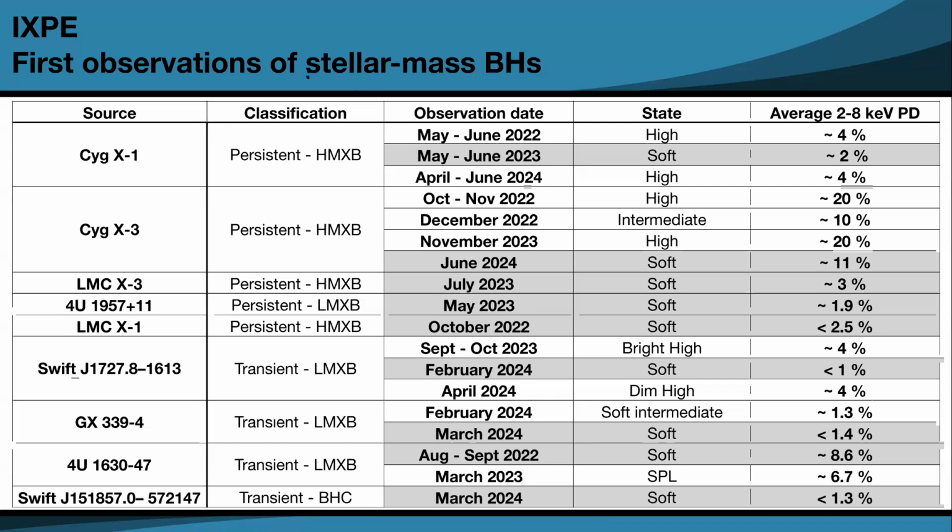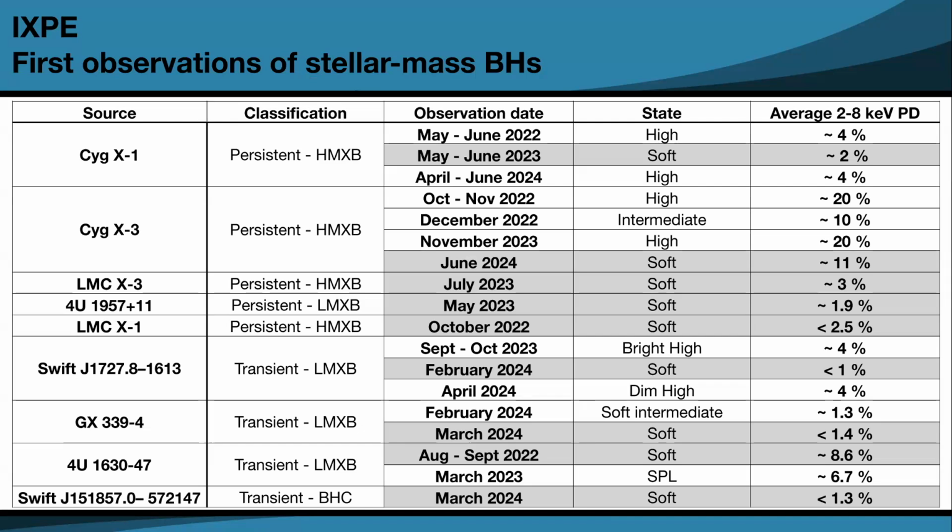One of the main goals of IXPE for that kind of source was constraining the geometry of the corona, since there are many proposed models that can be discriminated by spectral analysis and by studying the polarization.